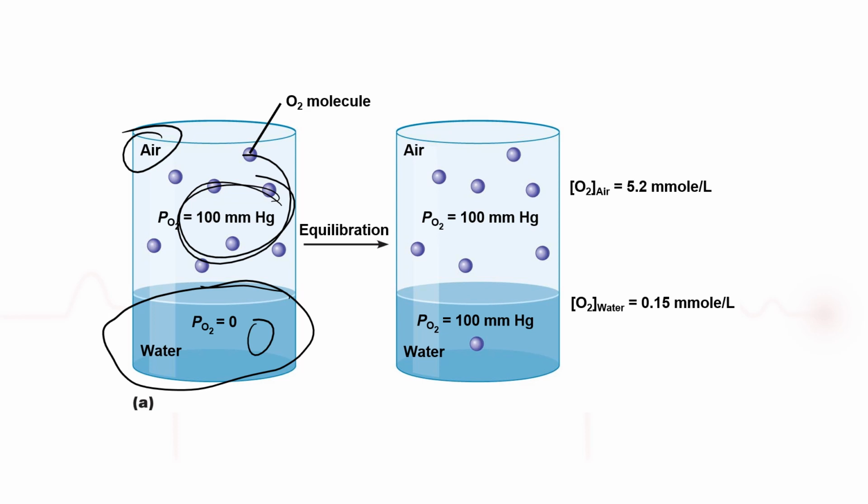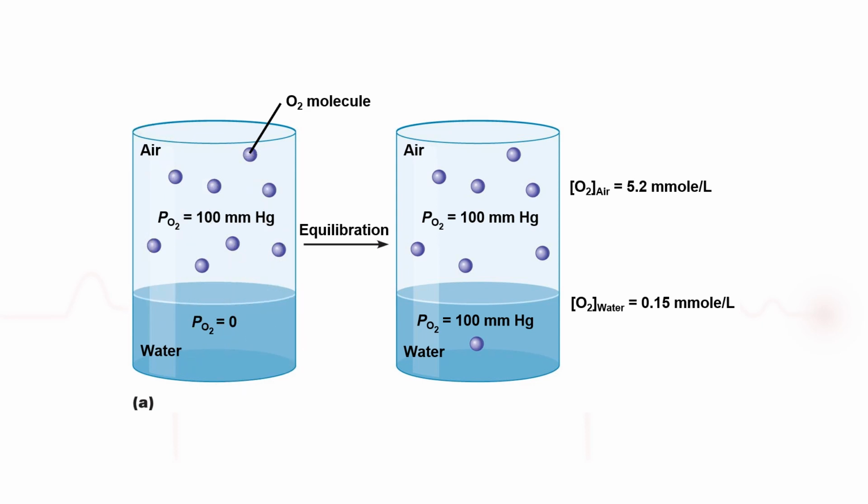Oxygen is going to want to move from a high partial pressure to a low partial pressure. It's going to want to move from the air into the fluid, down its partial pressure gradient, from the air in the cylinder, where the partial pressure is 100, to the fluid in the cylinder, where the partial pressure of oxygen is 0.